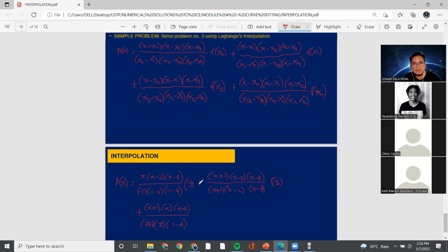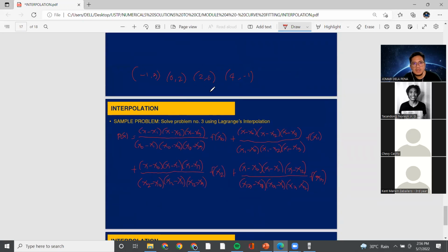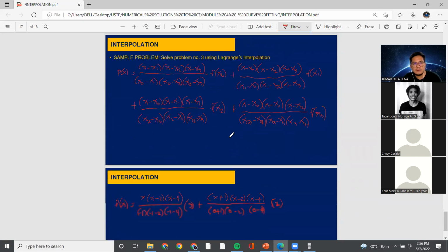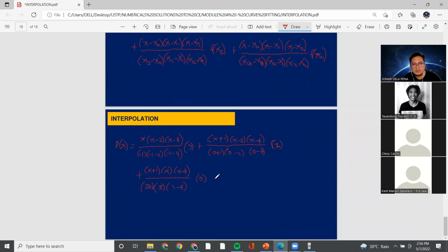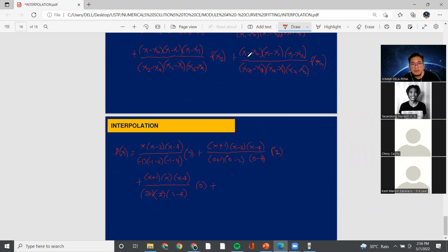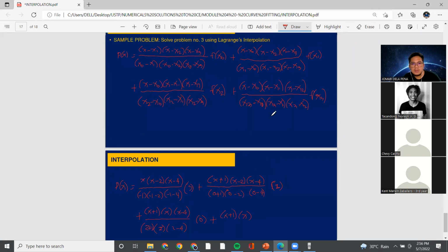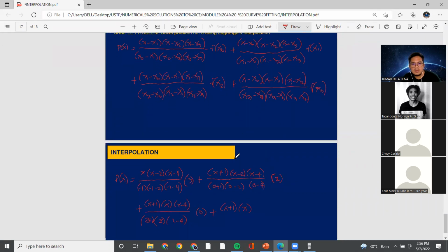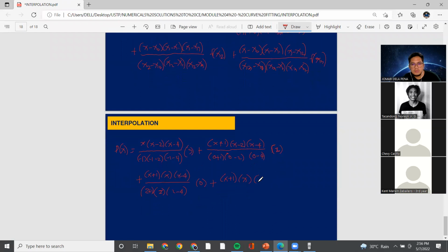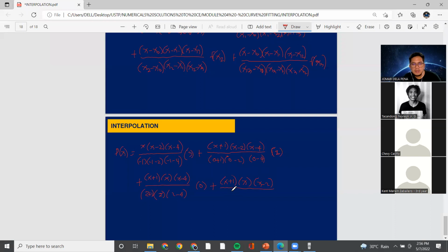Times the function of x sub 2, pila? 0. Dala, function of x sub 2 is 0 times 0 plus same x plus 1, x minus x sub 1 is x, then x minus x sub 2, that is x minus 2 over x sub 3 is 4.